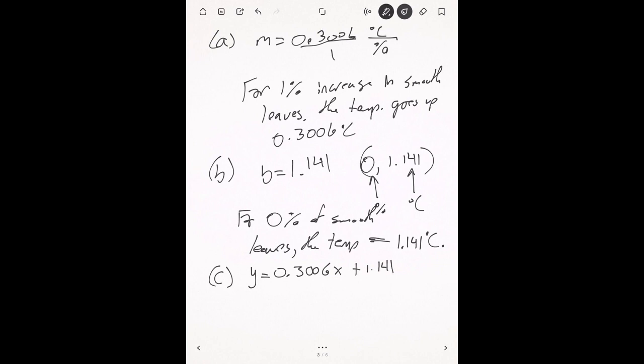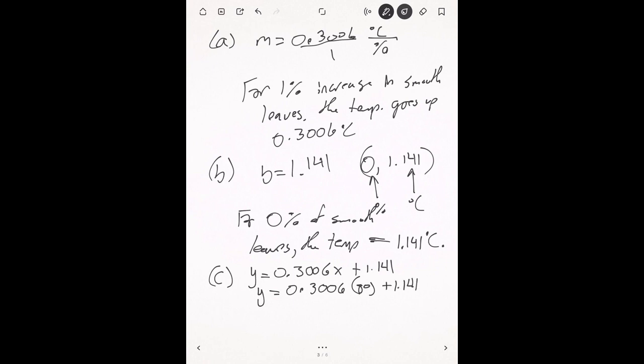Now we've gone out into an area and we've measured and computed that the total percentage of smoothed edge leaves, well, 80% of all the leaves were smooth, okay? So what's the temperature? Again, just remember your units. X controlled the percentage, so I'm going to plug in 80% for X. So y equals 0.3006 times 80 plus 1.141.